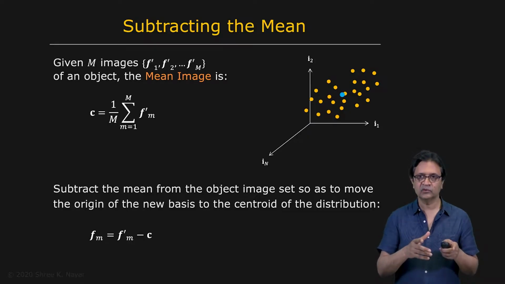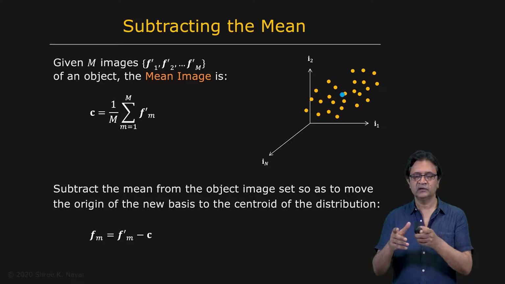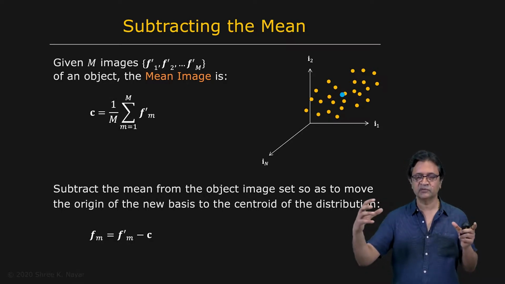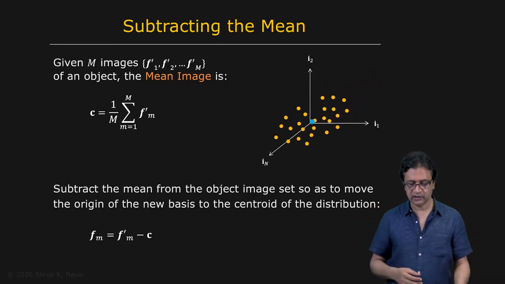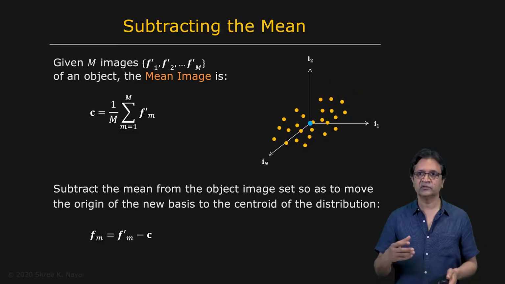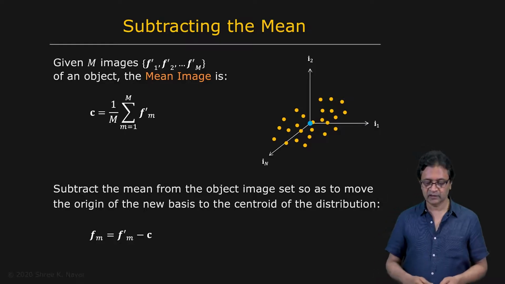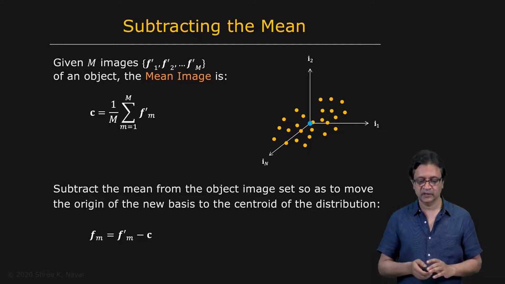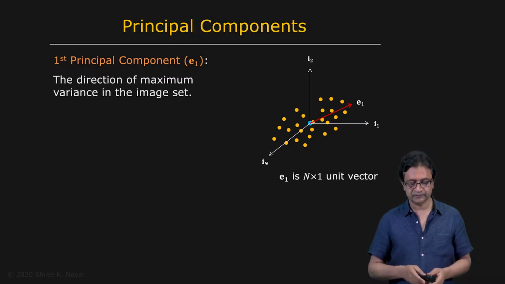It's moving the coordinate frame to the mean so that all the action and the variability in the distribution is now around the origin. You see that we're moving the origin of the coordinate frame, our n-dimensional space, to the mean itself. Very simple. So now we can look at the structure a little bit more easily.